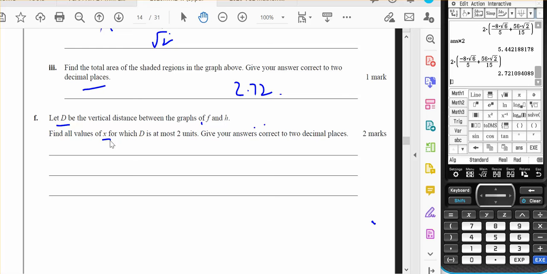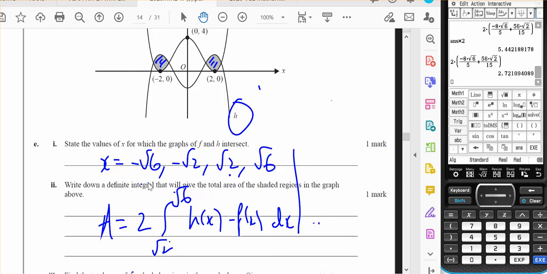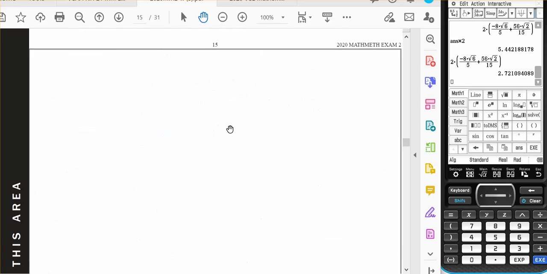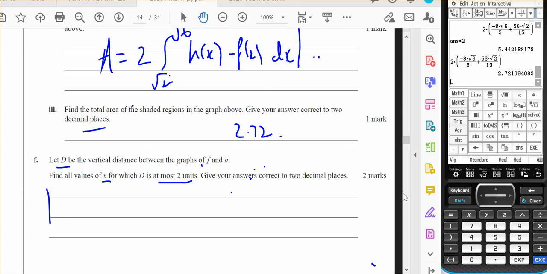Okay, let D be the vertical distance between the two graphs of f and h. Find all values of x for which D is at most 2. So the vertical distance, so if I look from here, h is bigger than f. So I'm looking for h of x minus f of x to be less than 2.